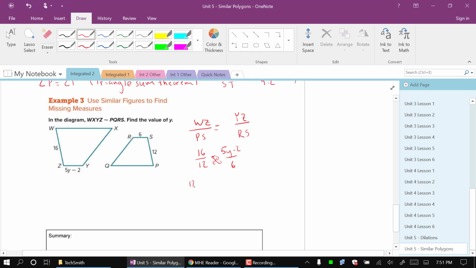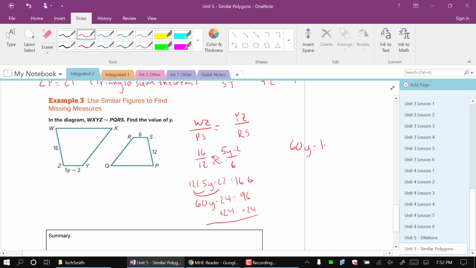So this gives me 12 times 5y minus 2 equals 16 times 6. Distribute that. That gives me 60y minus 24 equals 96. Plus 24 gives me 60y equals 120.